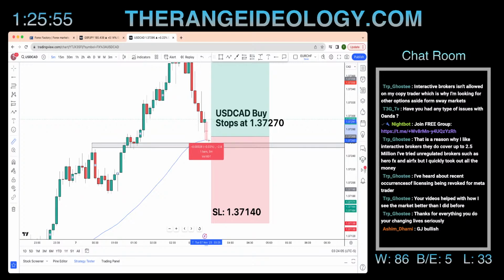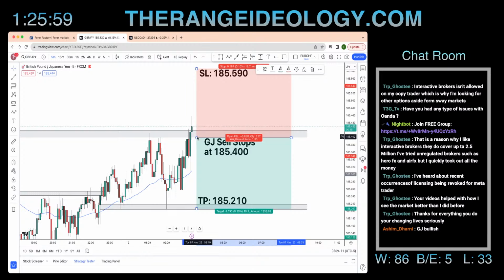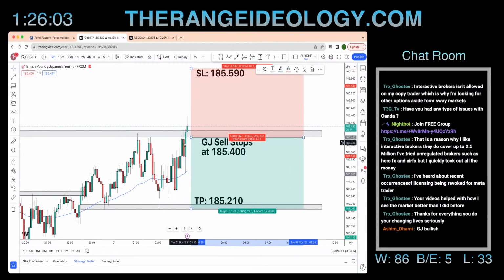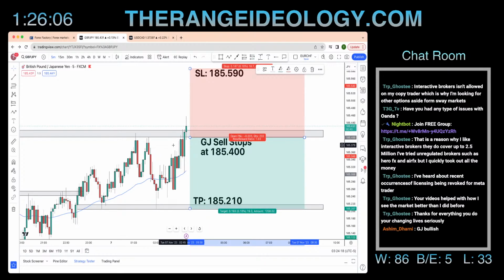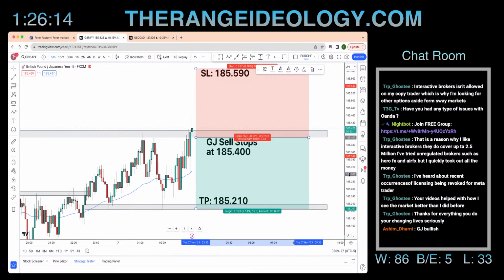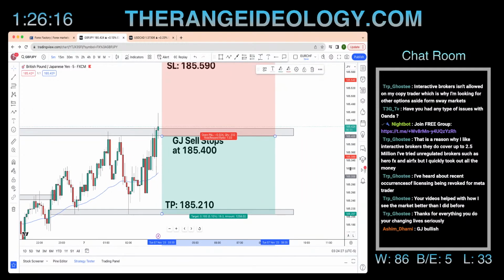Again, USD CAD from the tap here is just less than 3 pips away. And here GJ is coming right back, guys. It's relaxing here. Let's see. Do we get tapped in on this? Very close here. Close call.